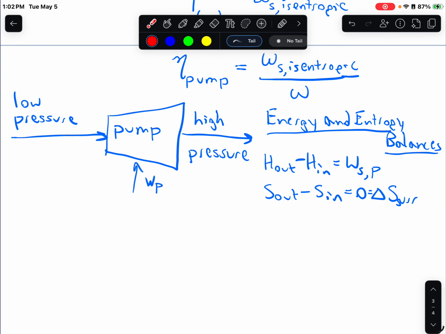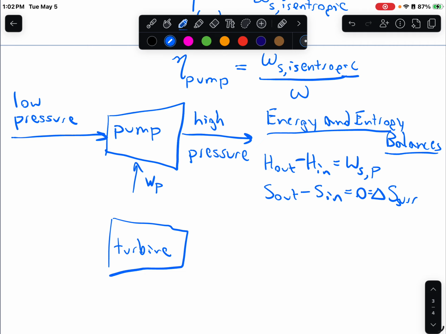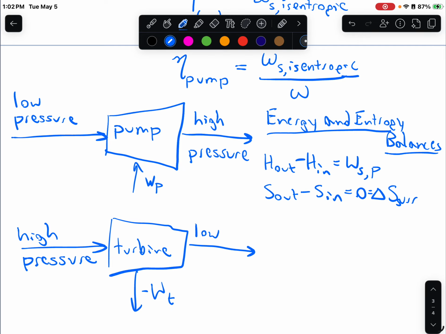Okay, so in the case of a turbine, it looks very similar, except you're going the other direction. You're going to get work of the turbine out, and I suppose I could call that negative work because it's coming out of the system. So by dropping the pressure, you're spinning a turbine and extracting work.